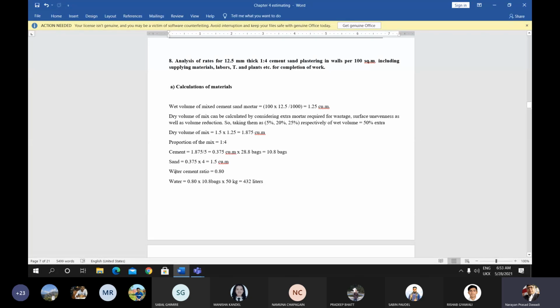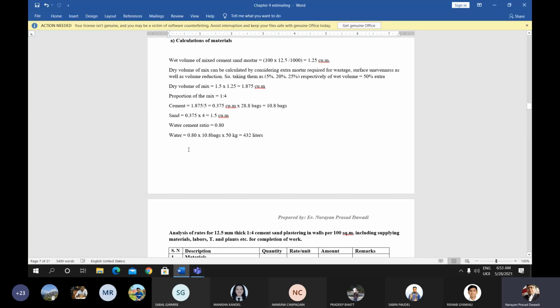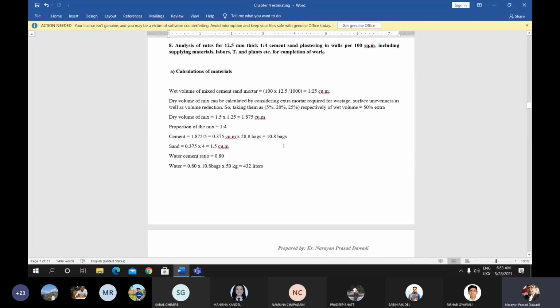That's why the water cement ratio for the mortar is taken as 0.80. So water is equal to 432 liters. After multiplying 0.80 into 10.8 bags of cement, 1 bag of cement is 50 kg, and 1 kg is equal to 1 liter. It is converted into liters as 432 liters. For the 100 square meter plastering surface, this water is needed. These are the materials required for the plaster.